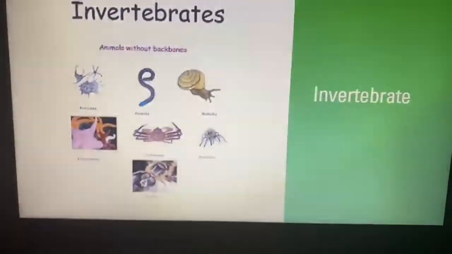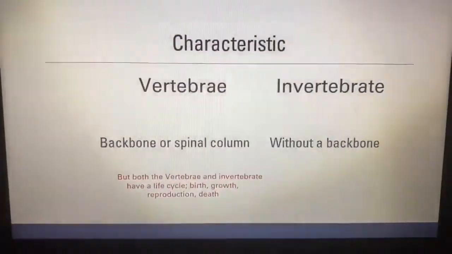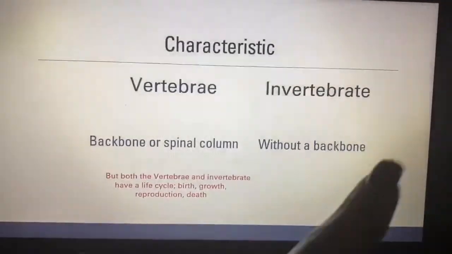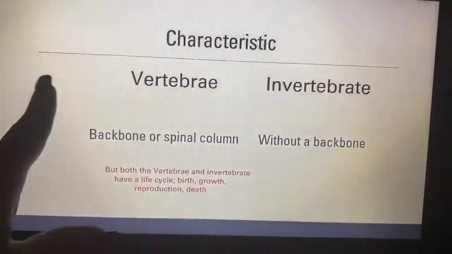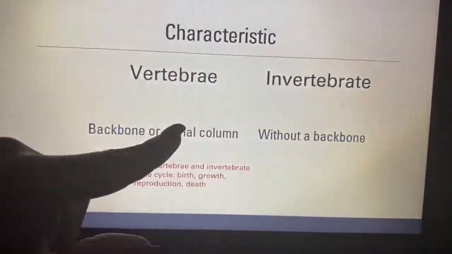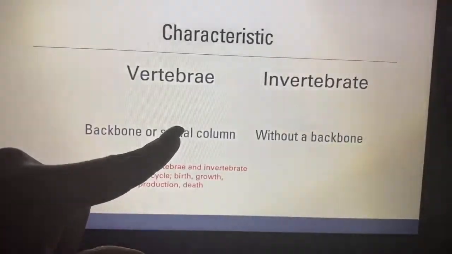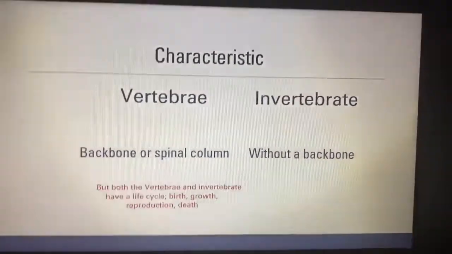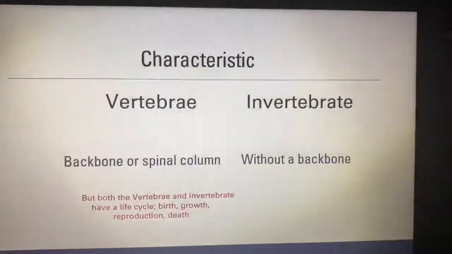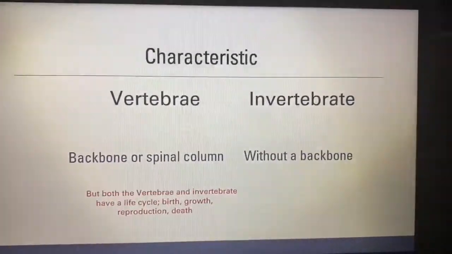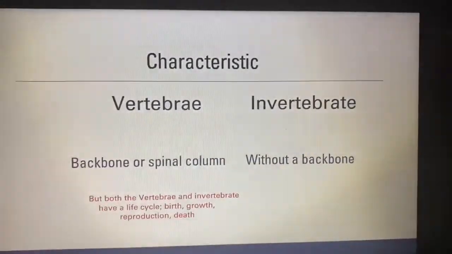Let's move forward to find out the characteristics of a vertebrate and an invertebrate, and when I said we're going to compare, that means we're going to find out the difference. We're going to compare them to each other.